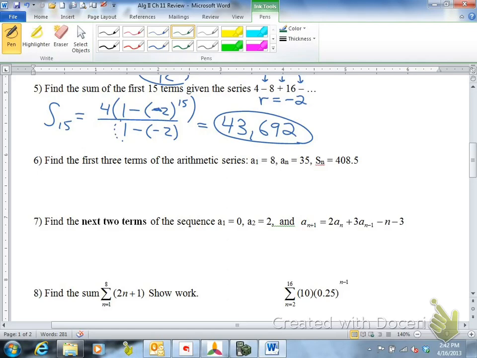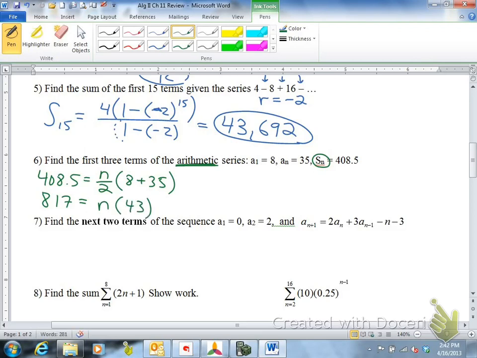Number 6, you're given s sub n, you're given the sum, and it's arithmetic. You want to find the first 3 terms, so you have 408.5 equals n over 2, the first term plus the last term. So this would give you 817, multiply both sides by 2, add these, you get 43.